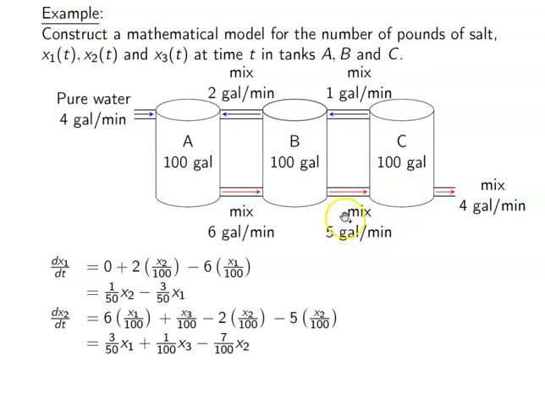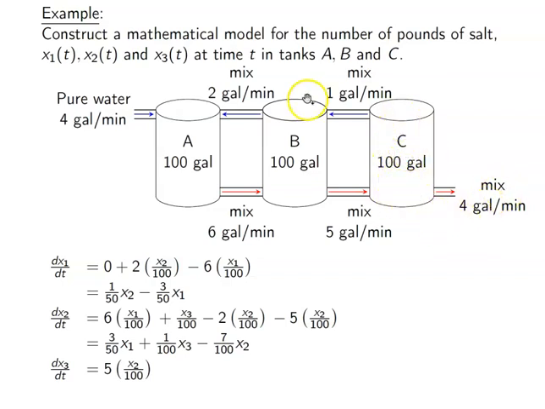Coming in, I have 5 gallons per minute of x2 over 100. Leaving, I have some amount of x3 leaving at 1 gallon a minute, and leaving at 4 gallons a minute.